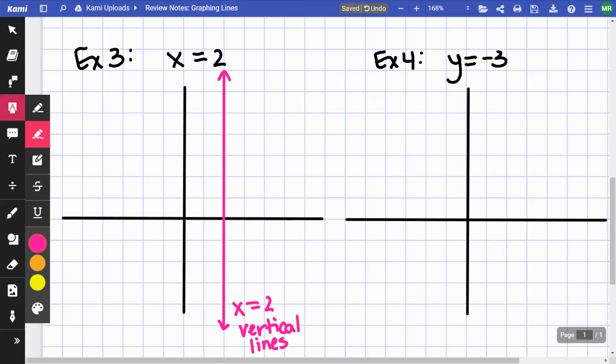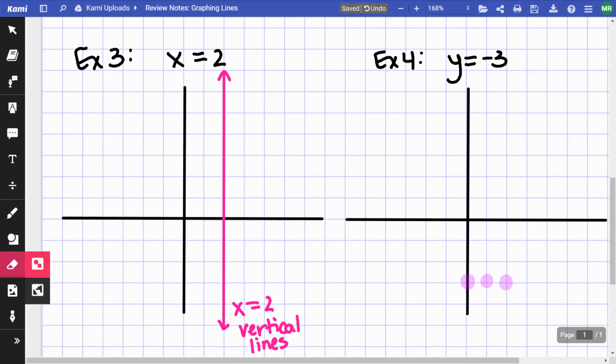Now, when I'm dealing with y equals something, so my y is -3 here at 0, -3, but this is 1, -3, and 2, -3, and over here is going to be -3, -3. So you see that I end up with a horizontal line.